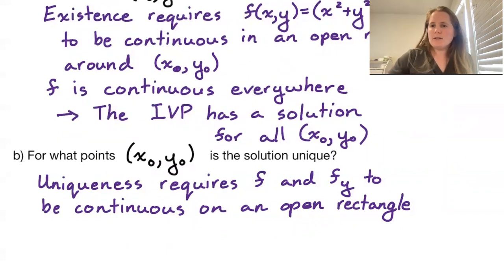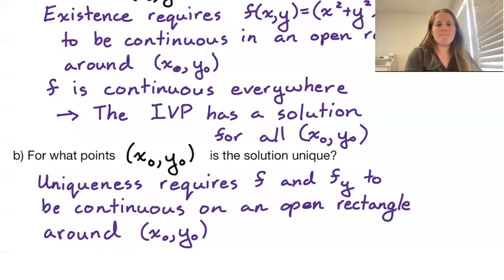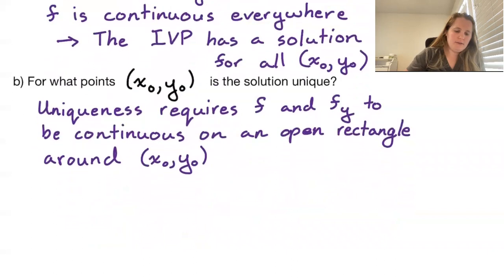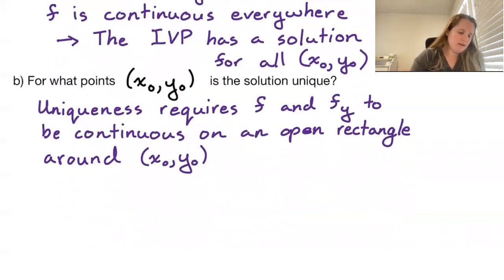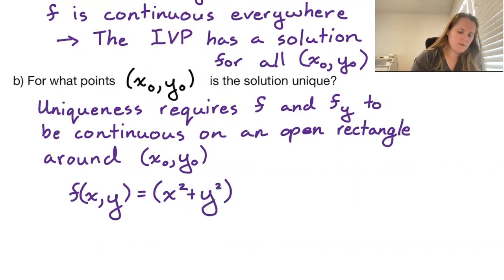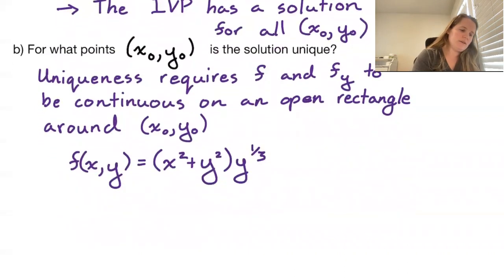We already know where f is continuous. So again, f of x, y was equal to x squared plus y squared, the whole thing times y to the 1/3, and that's continuous everywhere.